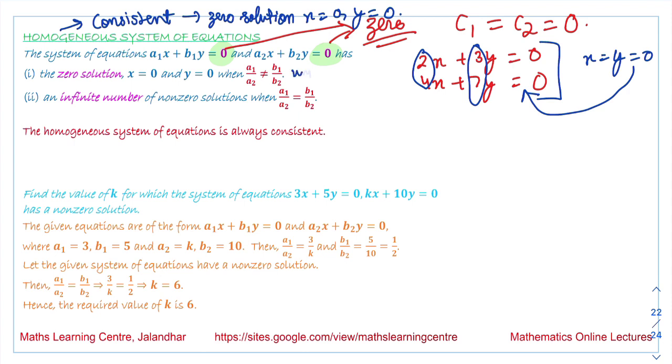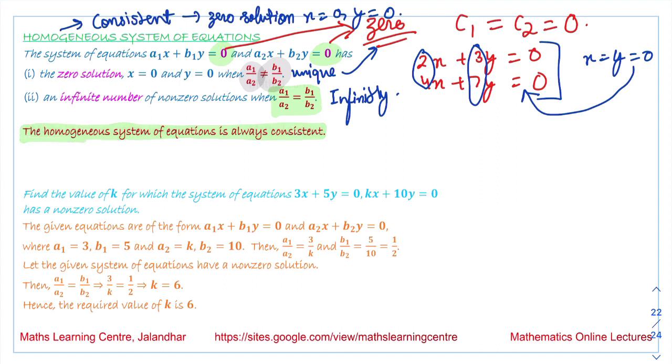One is that it has a unique solution, that is, the zero solution is the only solution, or it has infinitely many solutions. The condition is a1 over a2 should not be equal to b1 over b2 for a unique solution, and a1 over a2 should be equal to b1 over b2 for infinitely many solutions. So the homogeneous system of equations is always consistent.